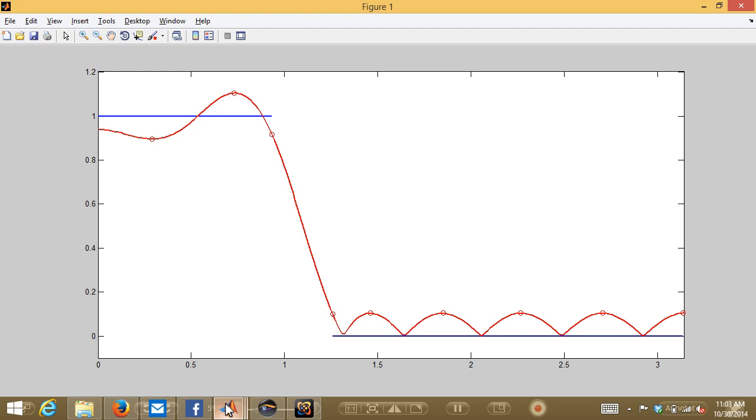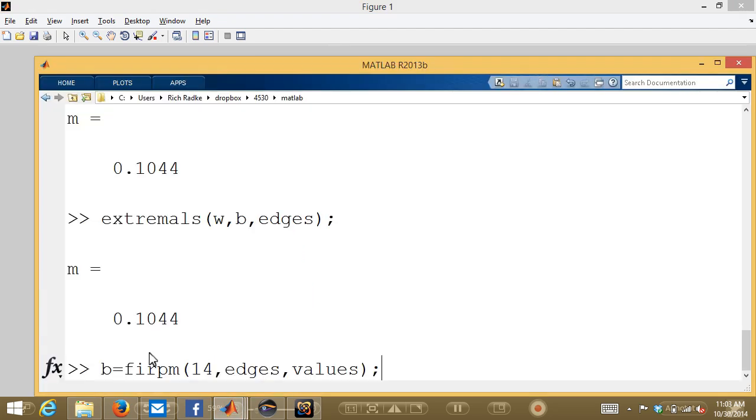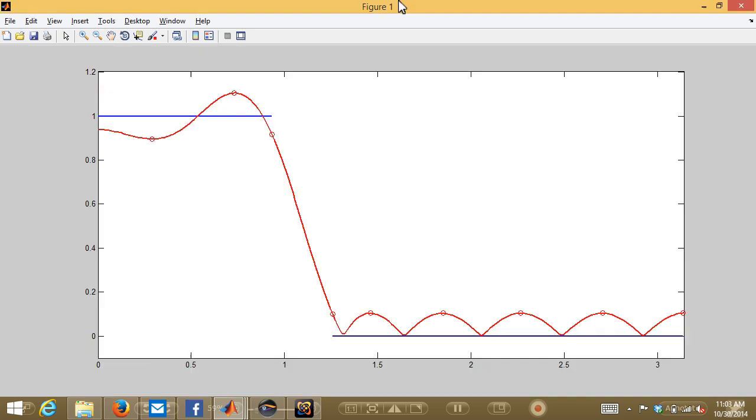And now, if I start to be a little more stringent, right? Here my edges were such that the pass band was fairly narrow. And I don't like the fact that the ripple is so large, right?